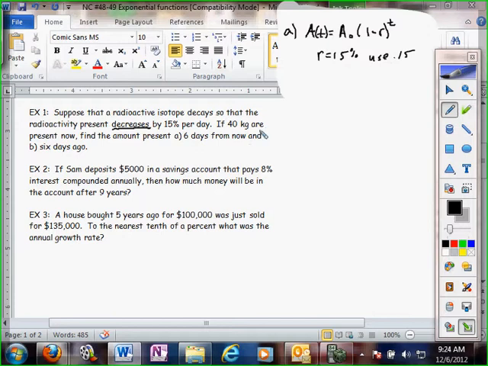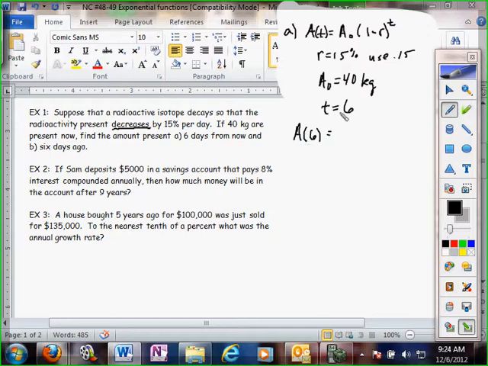If 40 kilograms are present now, that's A naught, the initial amount, 40 kilograms. Find the amount present 6 days from now. That tells me that t is going to be 6. I'm looking for the new amount, A of t, so I want to find A of 6.